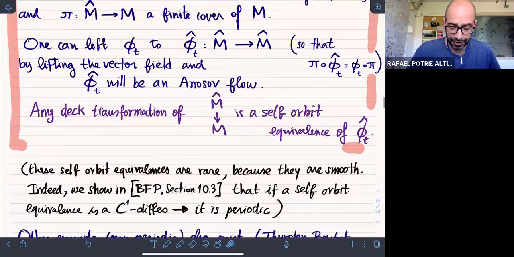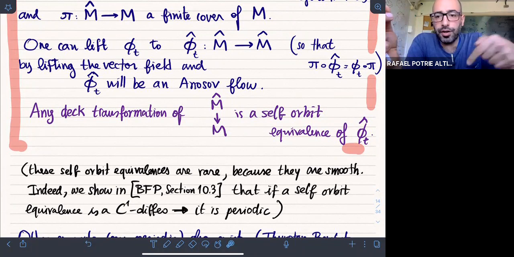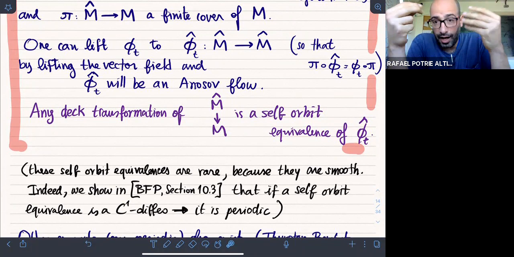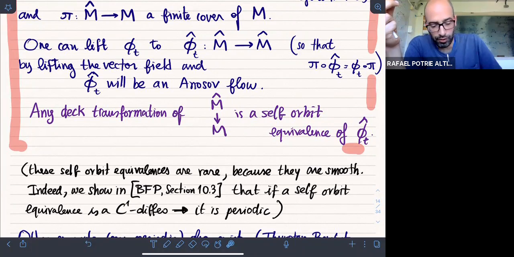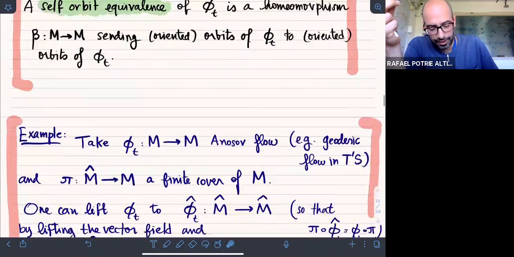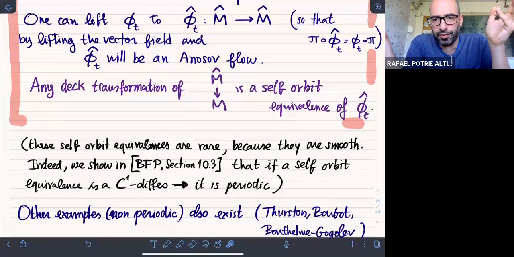But also let me point out that self-orbit equivalences like this, in particular that they are smooth, are very rare. Typically, one can show that if you have an Anosov flow and you have a self-orbit equivalence which is a diffeomorphism, instead of a homeomorphism, which was what we actually asked for in the definition, then it's an iterate of the trivial self-orbit equivalence.